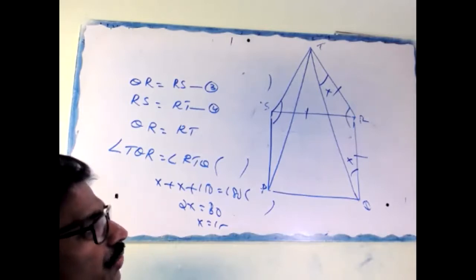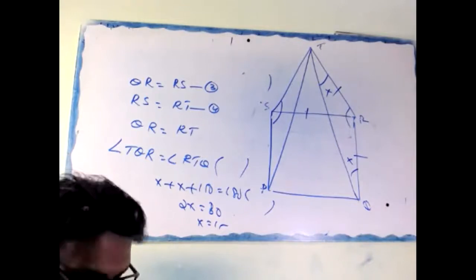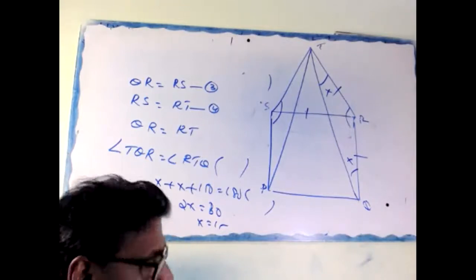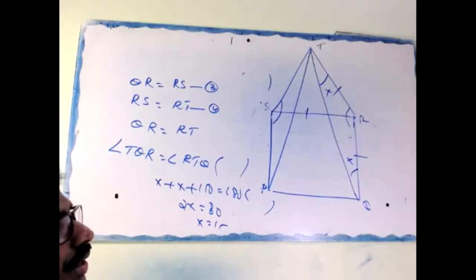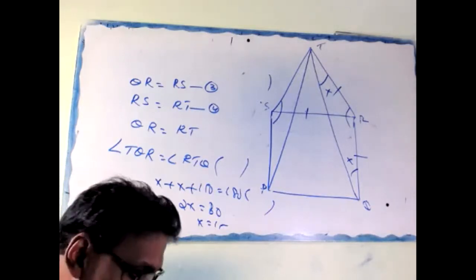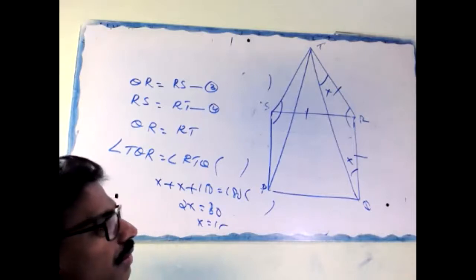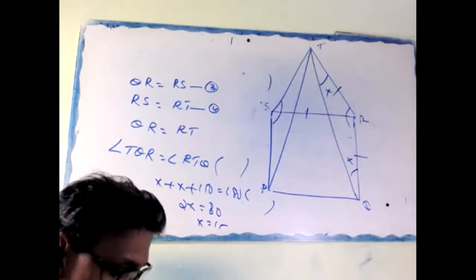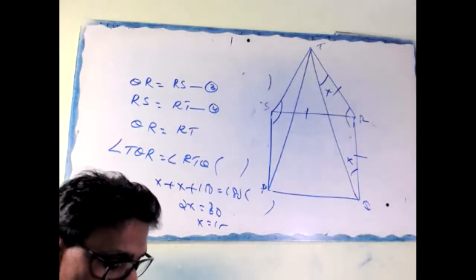Let angle TQR equal to angle RTQ equal to X. After that, in triangle TQR, X plus X plus 150 equal to 180 degree, angle sum property of a triangle. Therefore, 2x equal to 30, x equal to 15 degree.